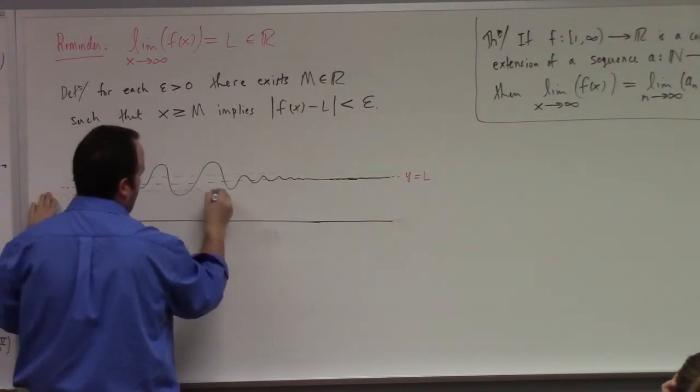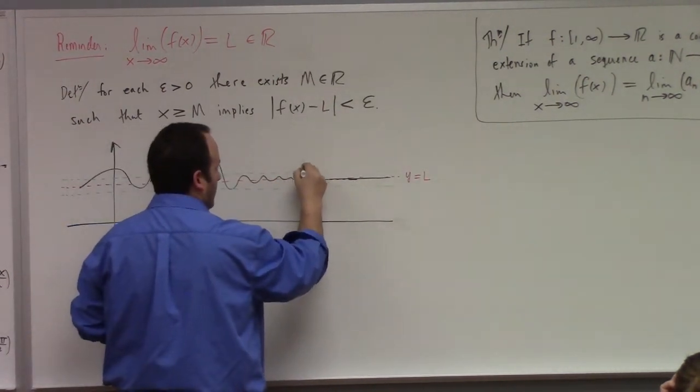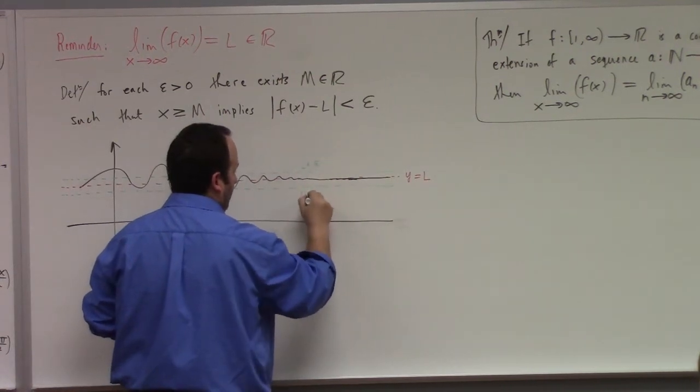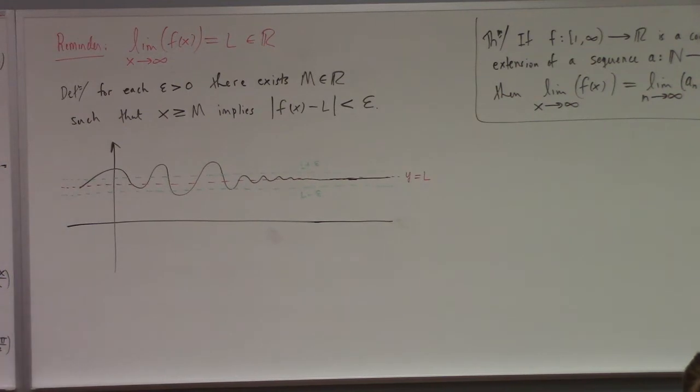What the definition says is you pick any epsilon band, no matter how small, and you can find a point at which, if you go beyond that point, values of the function are no more than epsilon units away from the limiting value. So in my picture, what's the choice of M?